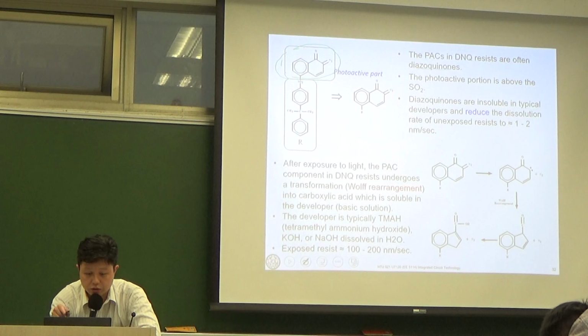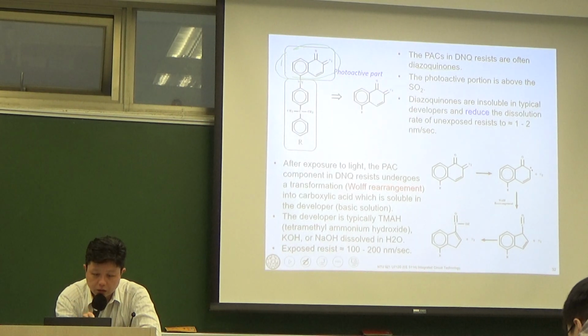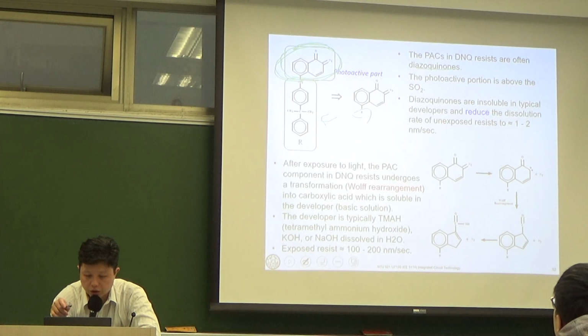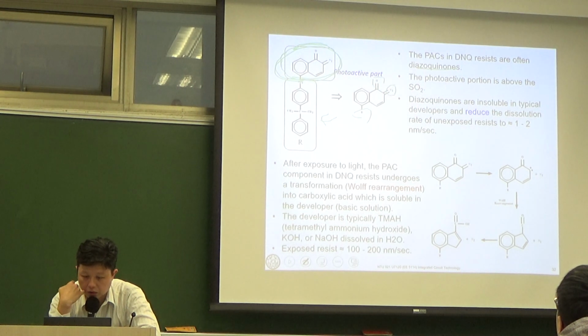Actually, I don't understand these chemicals, but we have this PAC part. So we use this R to represent this long chain polymer, and for the active part, we have this oxygen and nitrogen molecule on the outside of this chain. Okay.